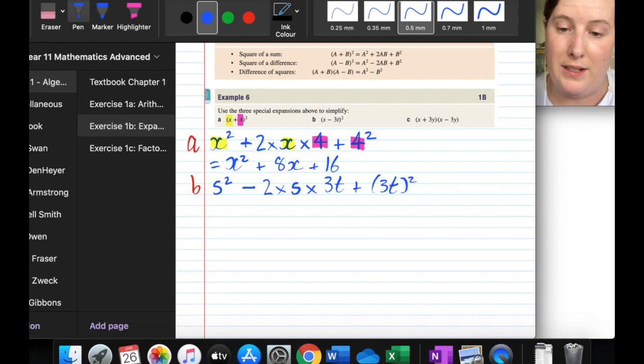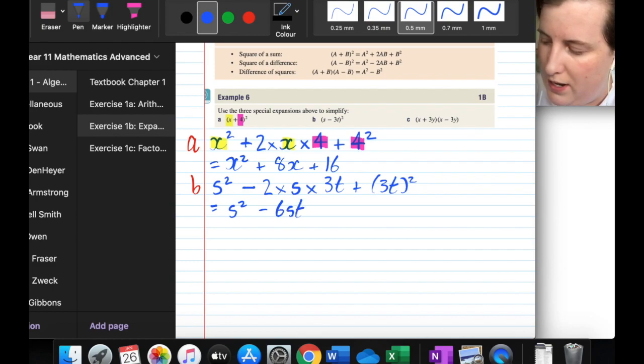Now I've put brackets there to remind myself that I have to square the 3 as well as the t. If you just wrote plus 3t squared, that squared would only apply to the t, so I've put brackets there. You probably skip this step. Hopefully you skip this step. It's good if you skip this step. So we've got our s squared, 2 times s times 3t, negative 6st. 3t all squared, 9t squared.